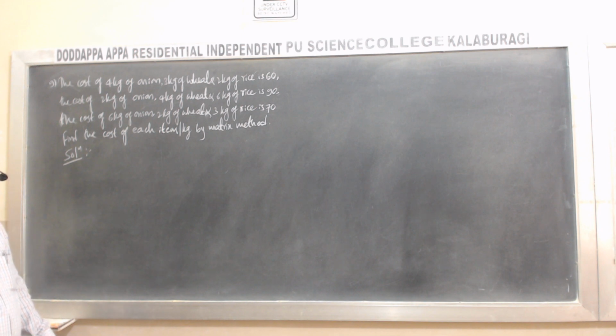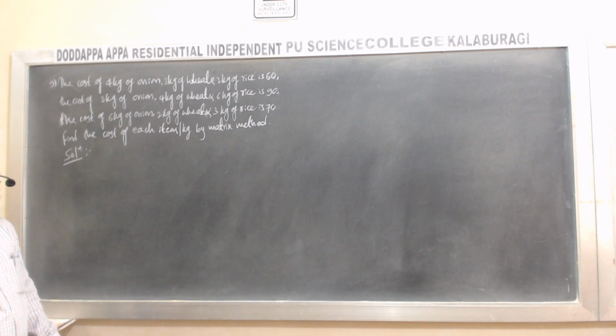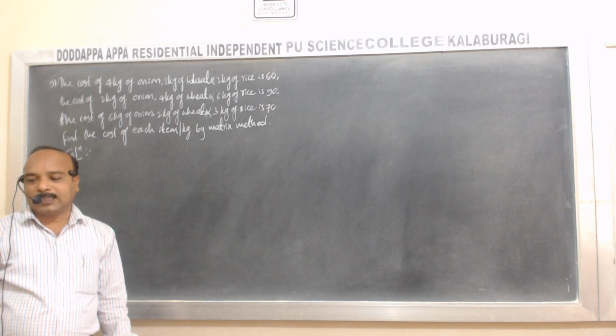So there are totally 3 things, and they are given the relation between the sums of those things, that is 60, 90 and 70 rupees respectively. Now we can calculate the cost of each item per kg.